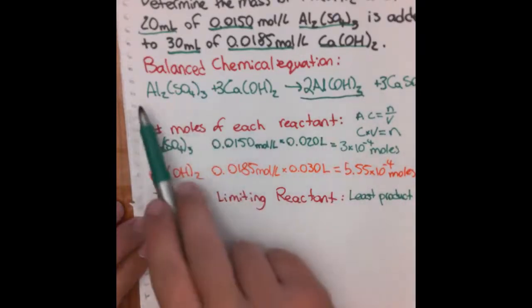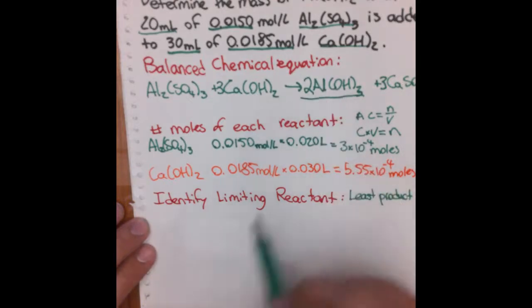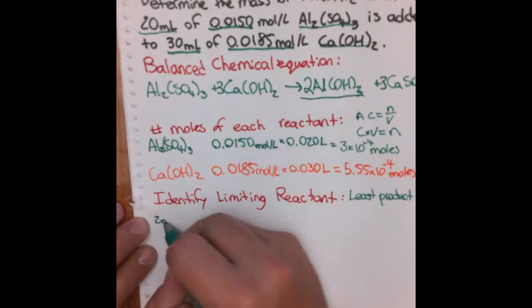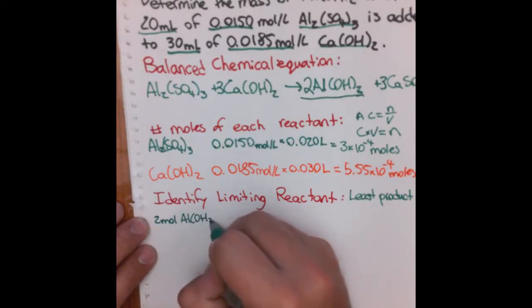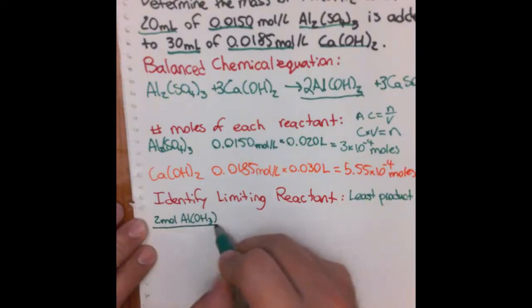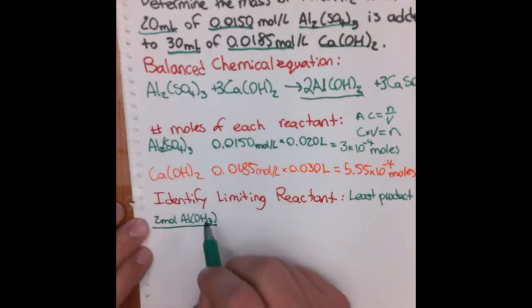Let's start with our aluminum sulfate, which has a coefficient of 1. What we are looking for is always going to be on top, so we are going to put 2 moles of Al(OH)3 over top of 1 mole of Al2(SO4)3.